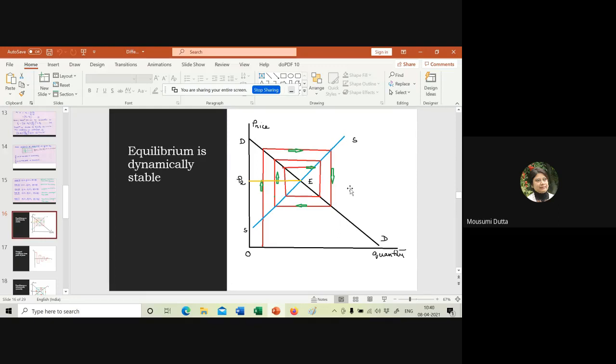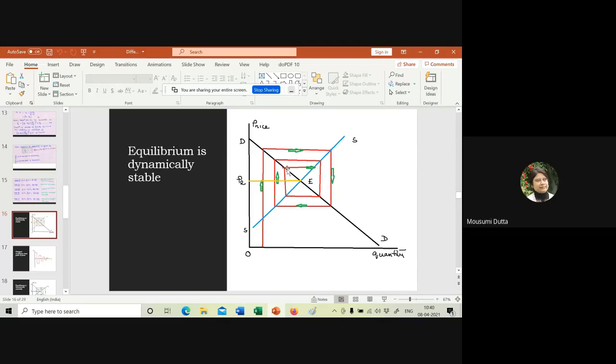So when we move from period 2 to period 3, price will come down below the equilibrium level. Now in period 3, what is the position, excess demand or excess supply? Excess demand. The mechanism will be that price will go up.